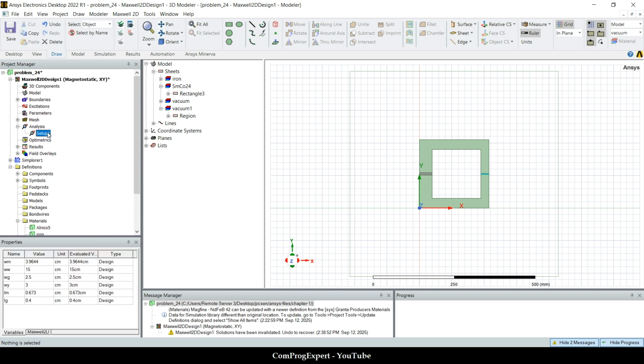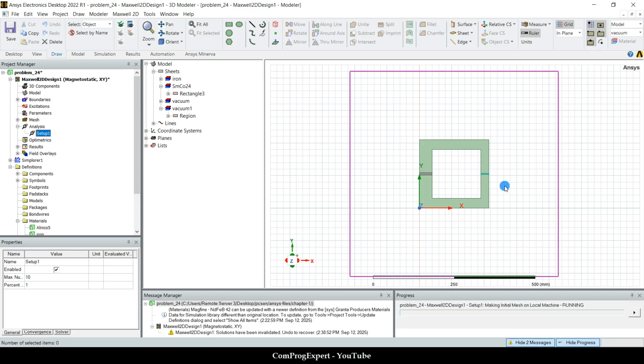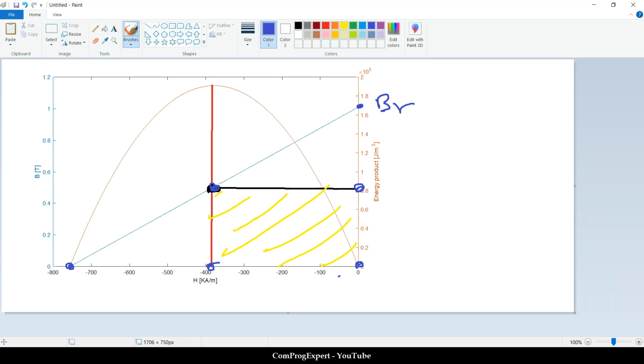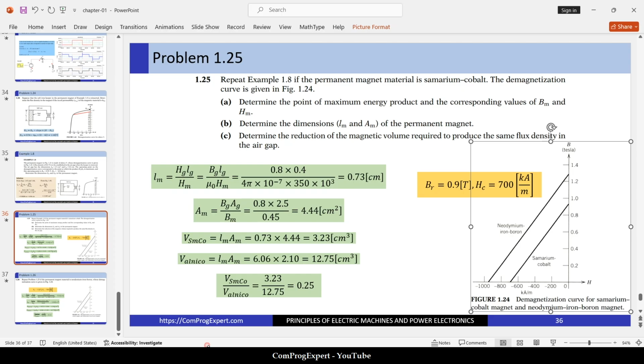I can run this analysis setup to check the operating point that we have here with the numbers that we calculated in MATLAB. These calculations are considering these approximate numbers, okay, for the samarium cobalt.